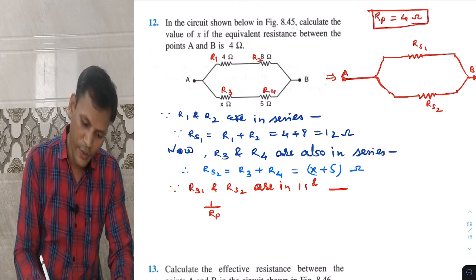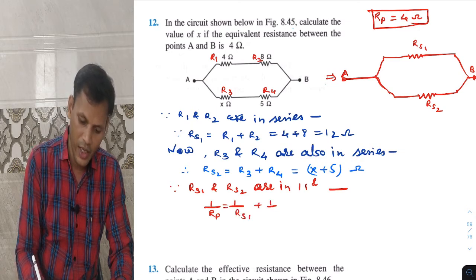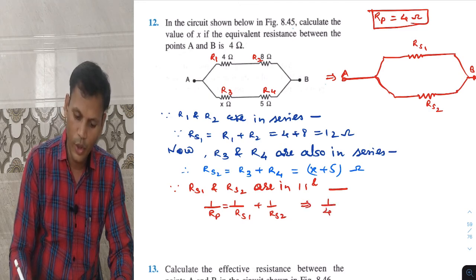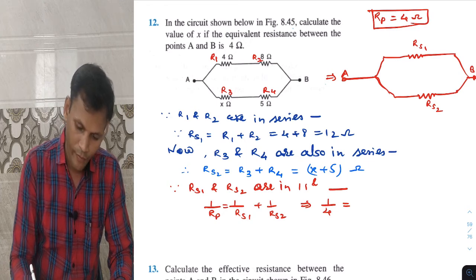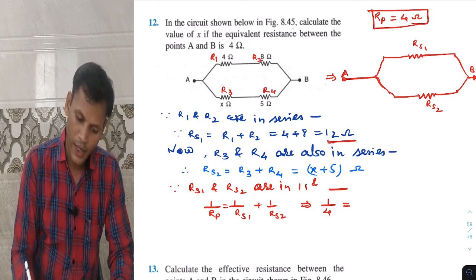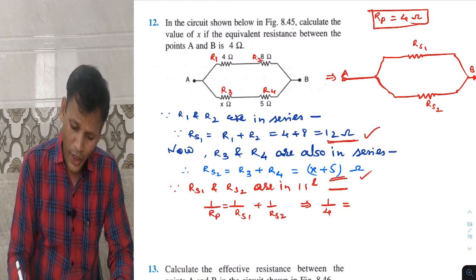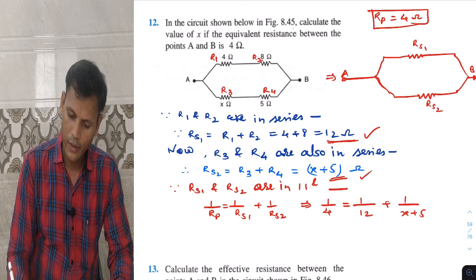So 1 upon Rp is 1 upon Rs1 plus 1 upon Rs2. So we can write it as 1 by 4 is equals to 1 upon Rs1 is 12 ohm and Rs2 is this. So we'll use this and this as a result. So 1 upon 12 plus 1 upon x plus 5.